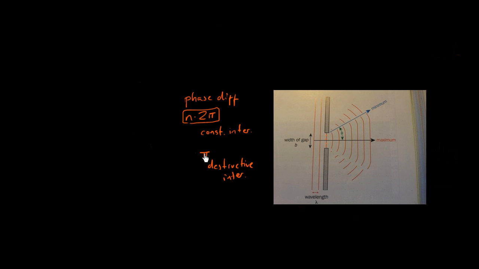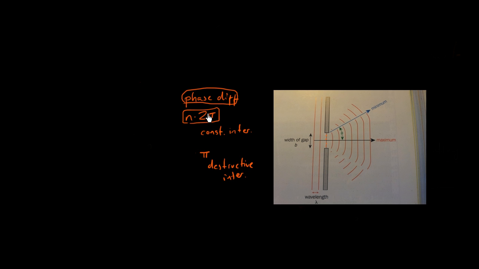Here I'm talking about pi's and 2 pi's because this is phase difference, so we're talking about the difference in the angle, the difference in the place of the wave. Some waves will be here, and the next wave interfering is here. Depending on how they add, you can have constructive or destructive interference.